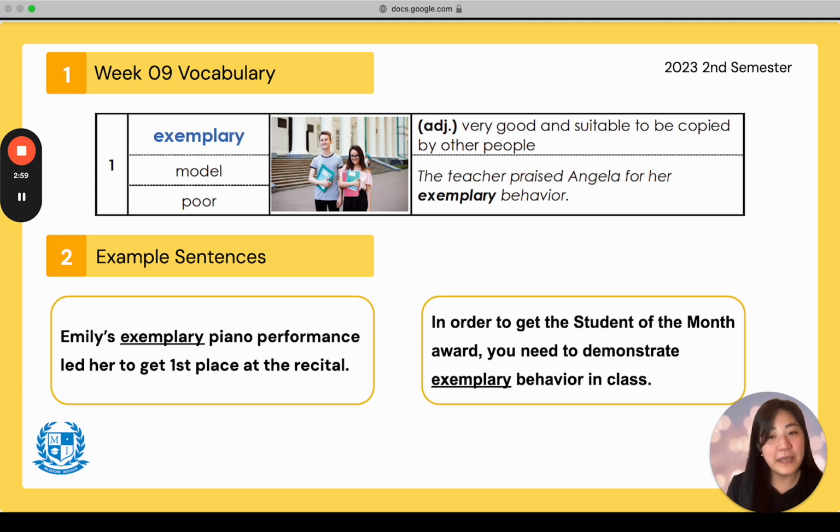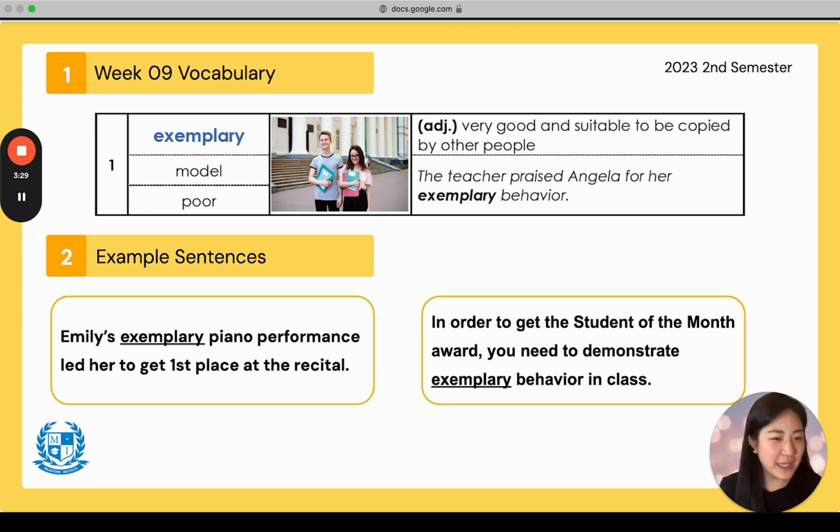Example at the bottom. Emily's exemplary piano performance led her to get first place at the recital. That means she was so good at the piano recital and her performance was awesome. So she got first place, meaning others should also follow and copy her piano practicing or her skills. The second example sentence says, in order to get the Student of the Month award, you need to demonstrate exemplary behavior in class, right?